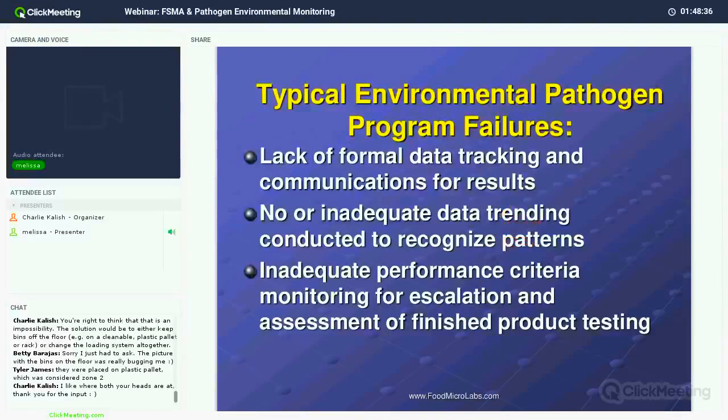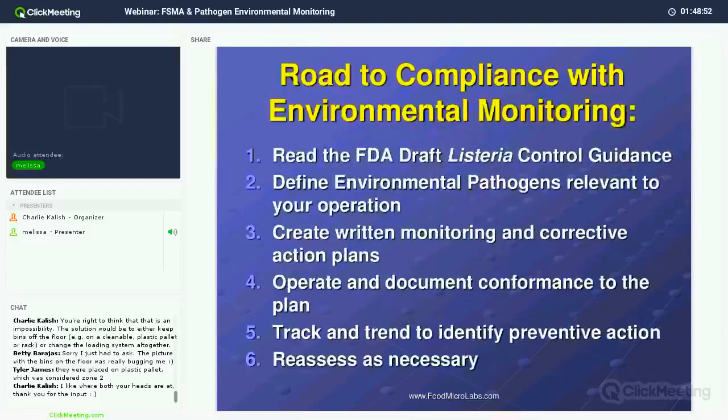If we look at data trending and escalation of corrective actions, multiple positive results over time mean that some special or deeper corrective action is necessary, and that's often a program failure issue.